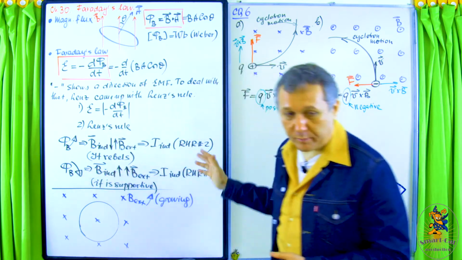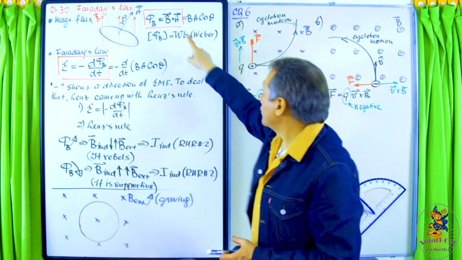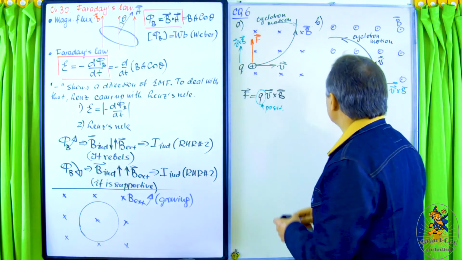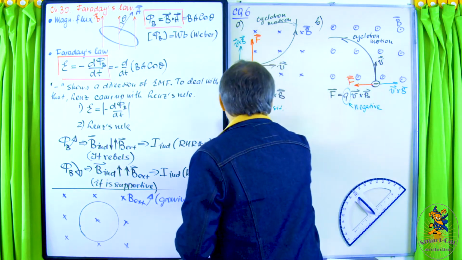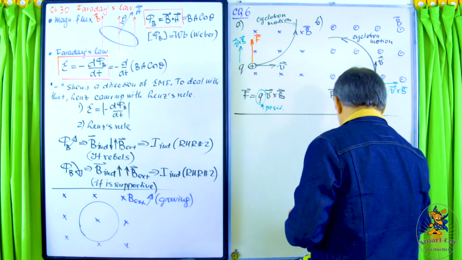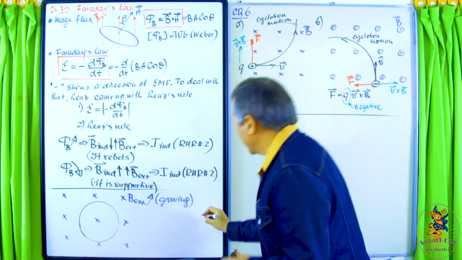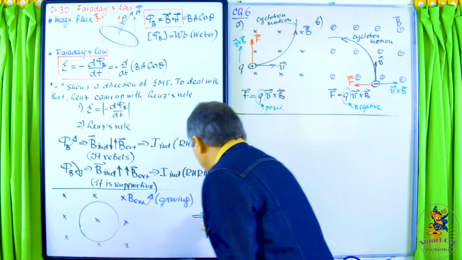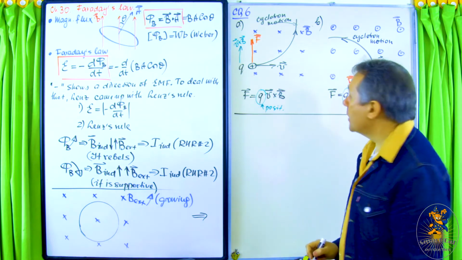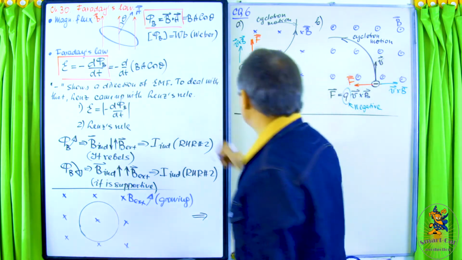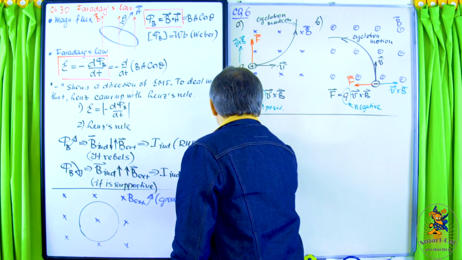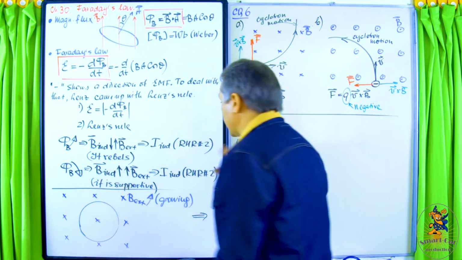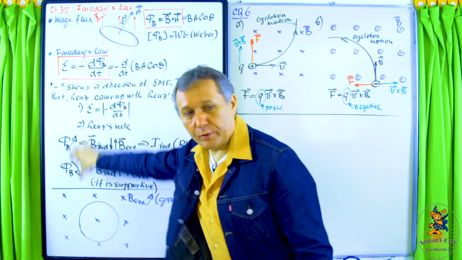If it's dying, we have to apply that. And in order to understand what happens with the magnetic flux, let me write it here. I will separate like this, and I will continue over here on this side of the board because now I need some space. So 3 parameters: B, A, and theta.